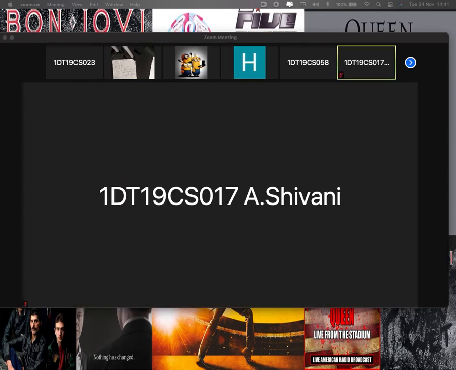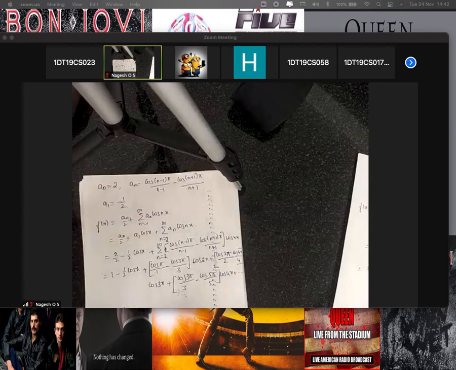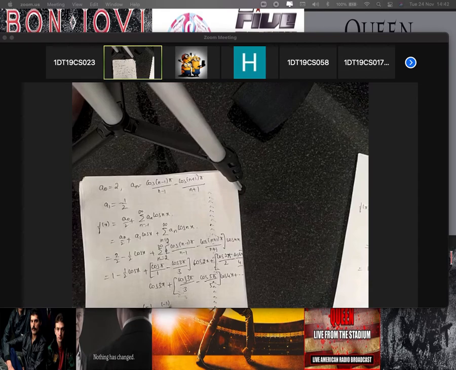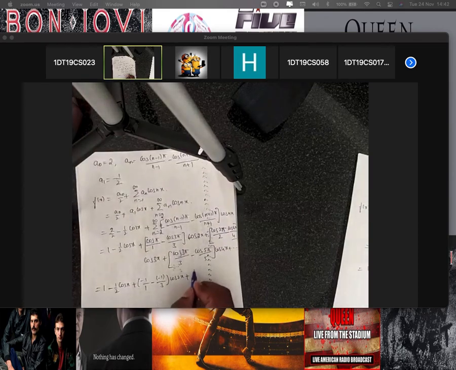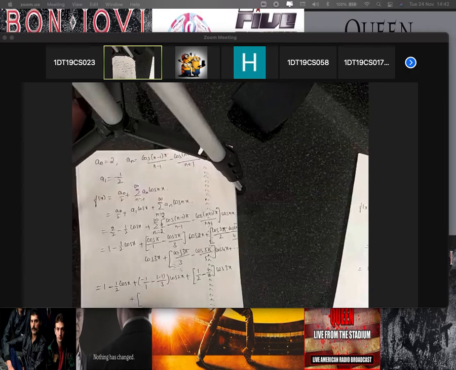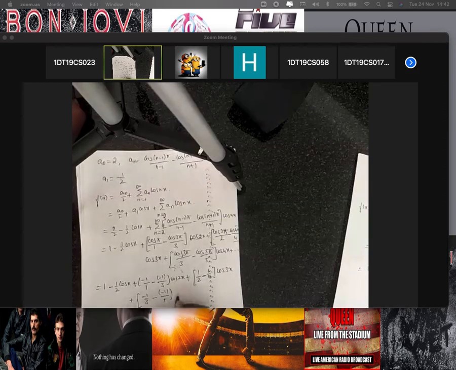This is equal to 1 minus 1 by 2 cos pi, cos pi is minus 1, so 1 by 1 minus 1 by 3 cos 2x plus cos 2 pi value 1, by 2 minus, again, 1 by 4 cos 3x plus cos 3 pi is minus 1, by 3 minus 1 by 5 cos 4x.